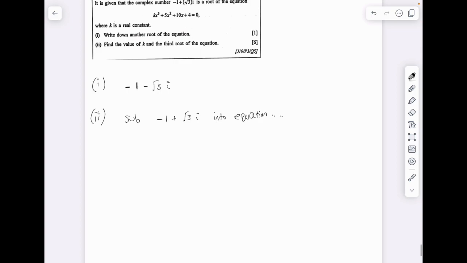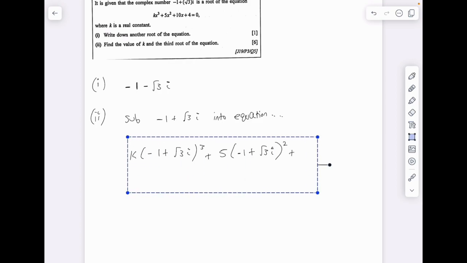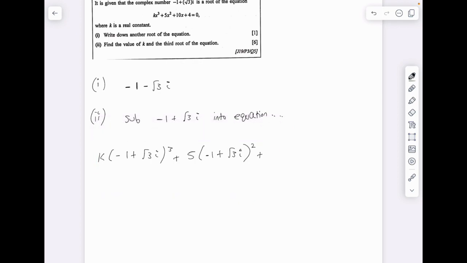Now what do we get when we do that? Well, what we get is k(-1 plus root 3i) cubed plus 5(-1 plus root 3i) squared plus 10(-1 plus root 3i) plus 4 equals 0.